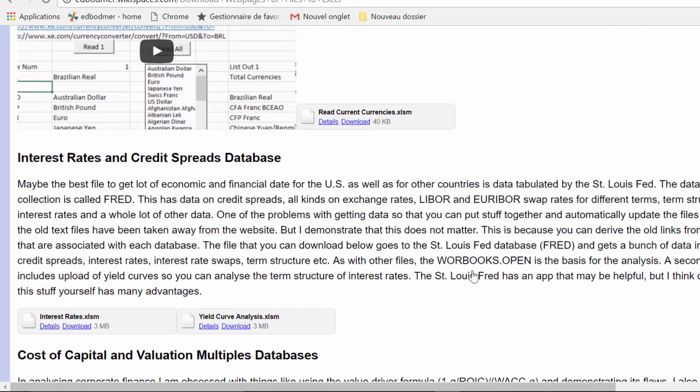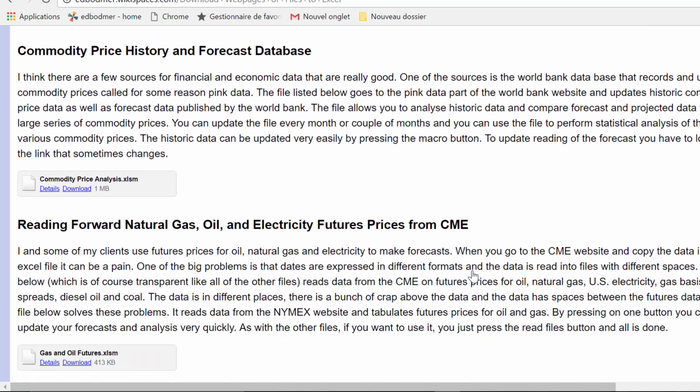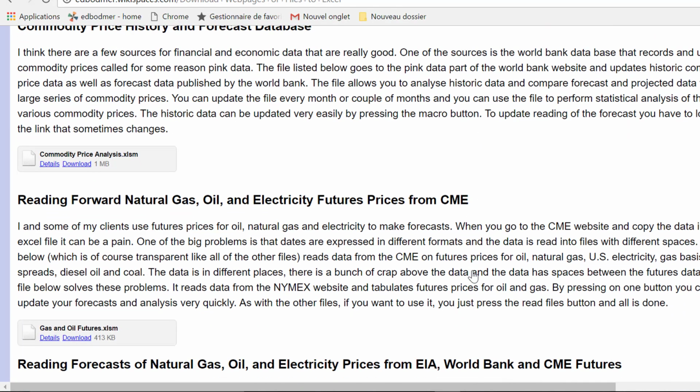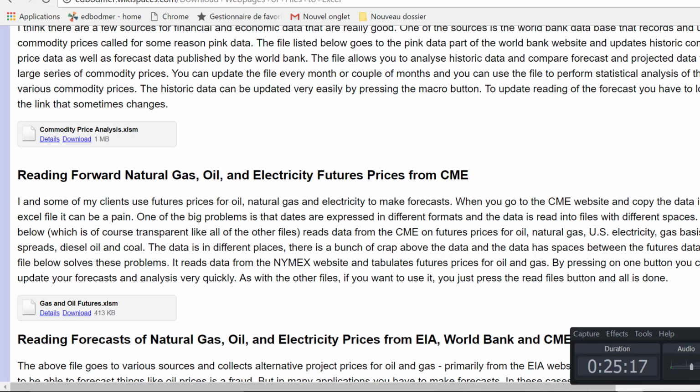And up here, there is one that has forward gas and oil price. So this is gas and oil futures. Okay, and perhaps I have to update this a little bit, but that's where you can find the file. And I think it's time for me to finish.